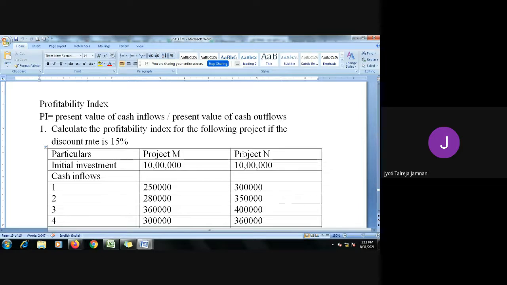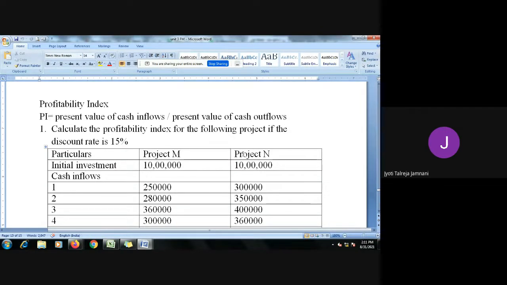Now, in discounting techniques, the very first one that we did was the NPV technique, that is net present value. The rule of thumb for net present value is if your NPV is positive, you accept the project. If it is negative, you reject the project. And how to calculate NPV? We find the present value of cash inflows, and from that we subtract the initial investment to get the NPV value.